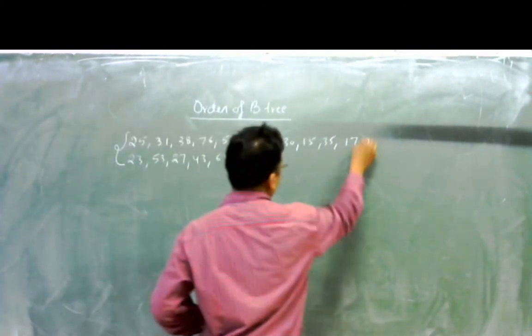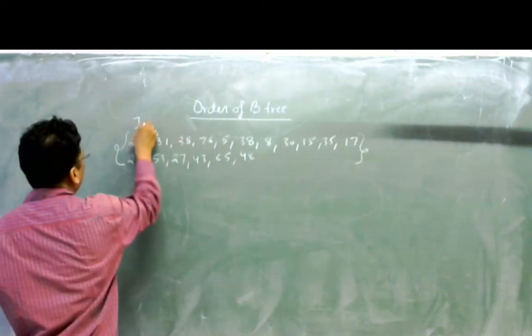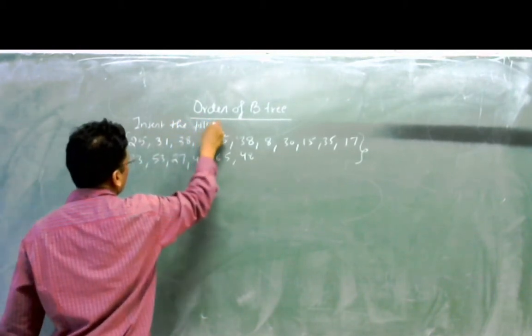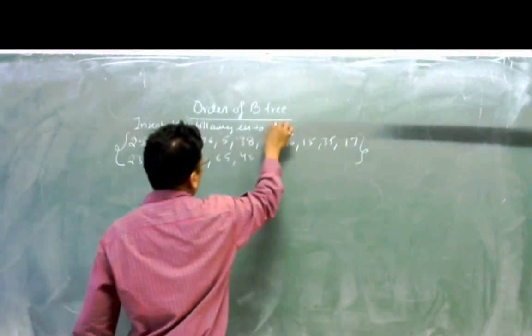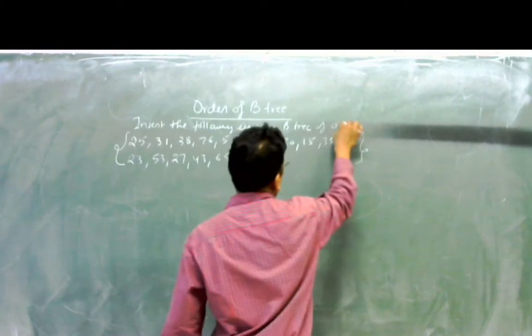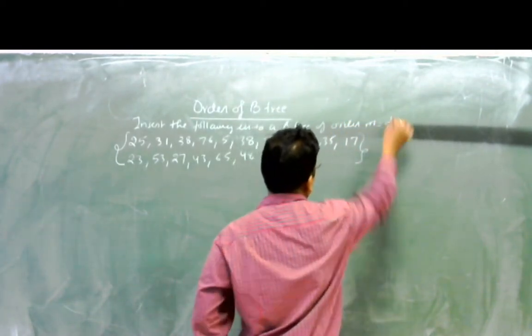These are the numbers that we have to insert into a B tree of order m equal to 5.